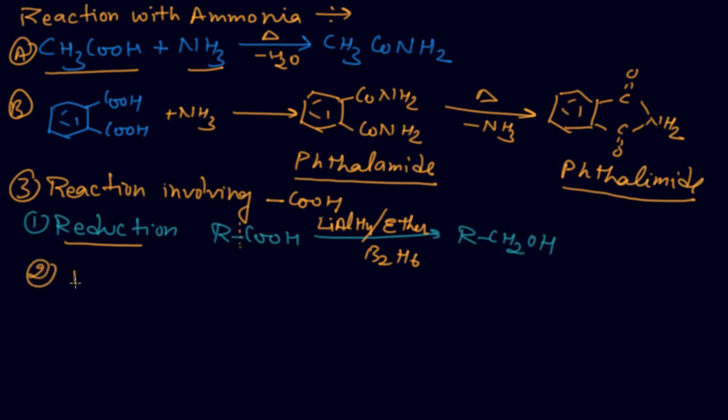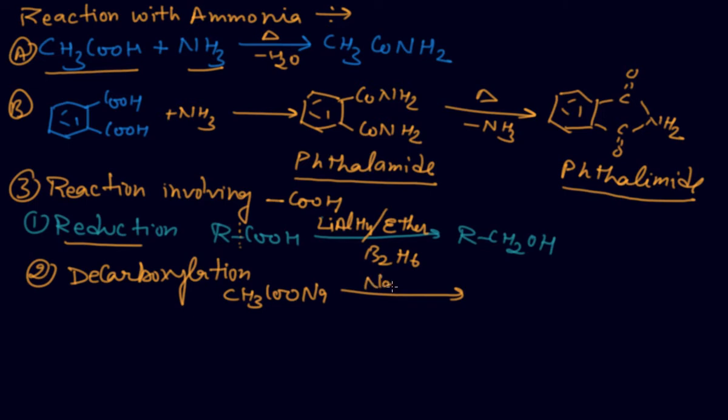Number 2, the decarboxylation reaction, which we have done in the 11th standard also, where we take the sodium salt of the acid and react it with soda lime, NaOH and CaO, and you get a hydrocarbon with one carbon atom less, with byproduct sodium carbonate.